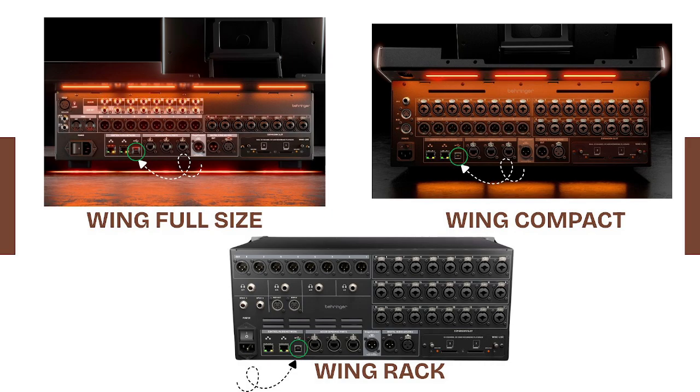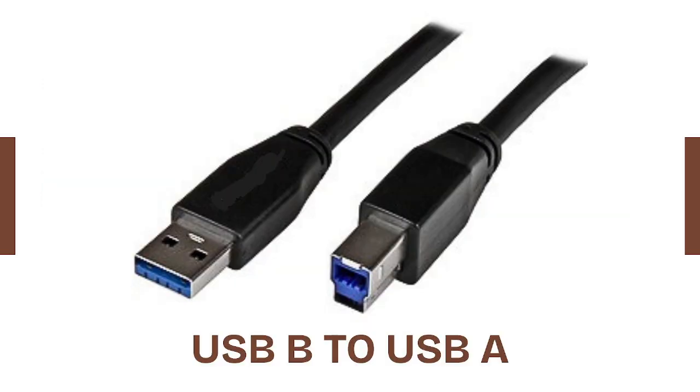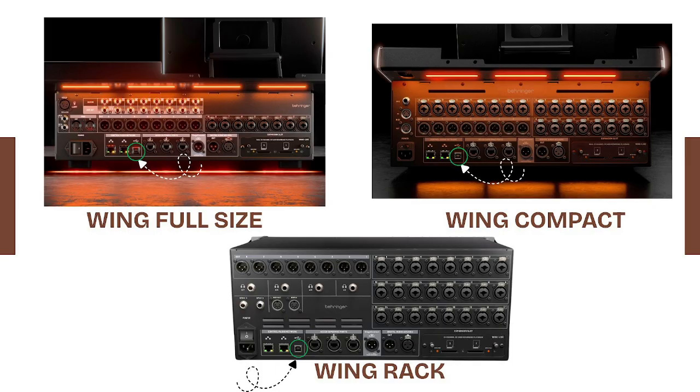You connect your digital console to your laptop using a USB type B to type A cable, which goes into the back of the mixer. You see the Wing full size has its USB port right there, same as the Wing compact and also the Wing rack.